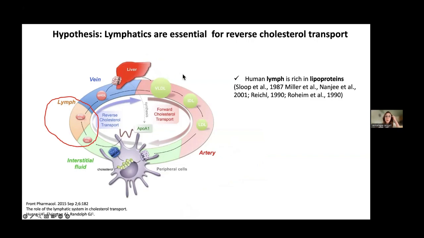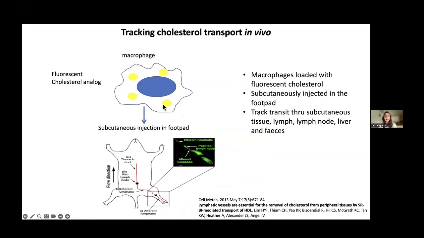To show whether lymphatics are indeed essential for this reverse cholesterol transport, we established a model where we can track specifically the cholesterol transport in vivo. We loaded macrophages with fluorescent cholesterol, then injected them subcutaneously in the foot pad of the mice, and followed this fluorescent cholesterol from the site of injection into the lymph node, the lymph, plasma, liver, and feces.